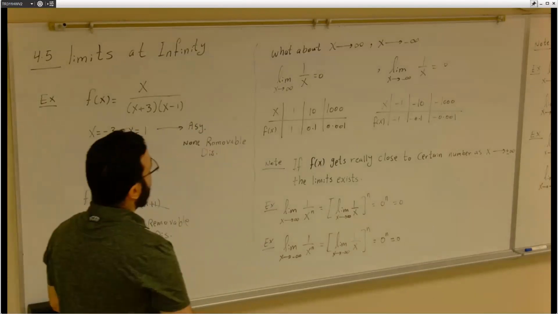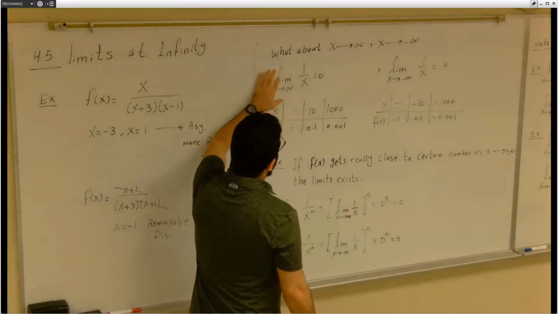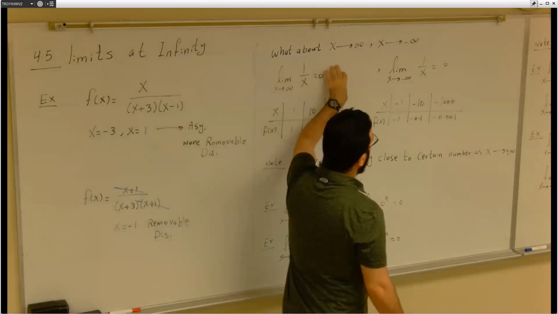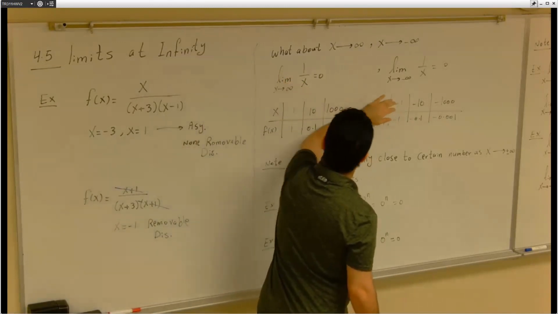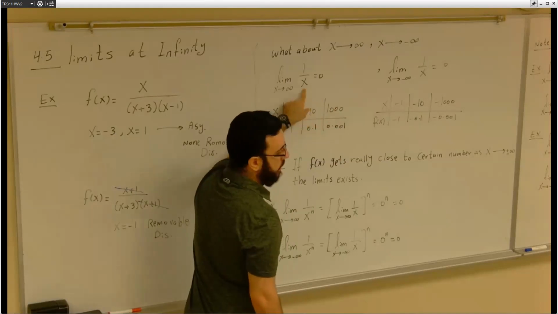Let's go to a limit approaching infinity or negative infinity. This is our basic: we're always going to solve and find the limit based on these two limits. The limit as x approaches infinity of 1 over x.